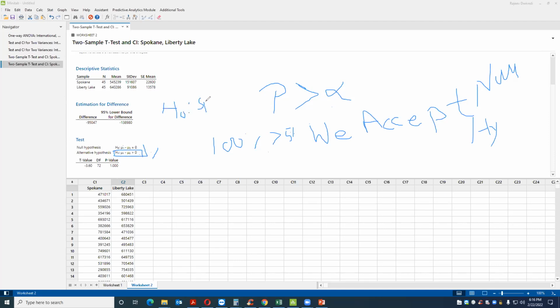So the null hypothesis is like this: the difference in prices of Spokane and Liberty Lake is less than or equal to 0. Alternative: Spokane minus Liberty Lake is greater than 0.